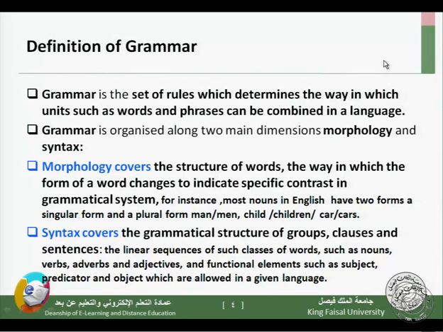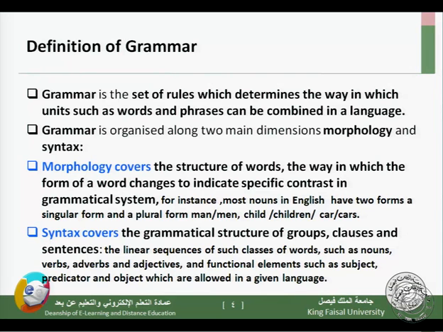Now, syntax has something to do with the grammatical structure of groups, clauses, sentences. It has to do with the linear sequence of what? Classes of words. Are the words nouns? Are they verbs?